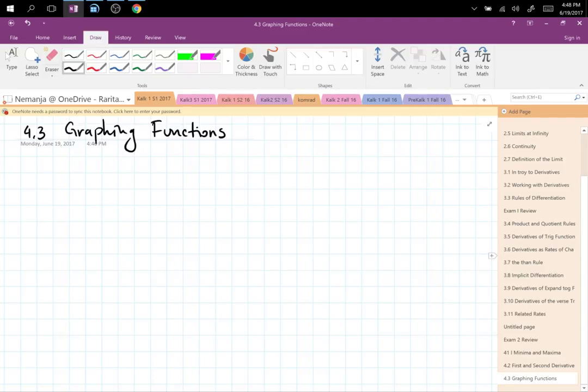I first want to outline the entire procedure. So here's what I call the shopping list. So these are all the things that you need. First of all, we're going to start with the domain, and then x and y intercepts.